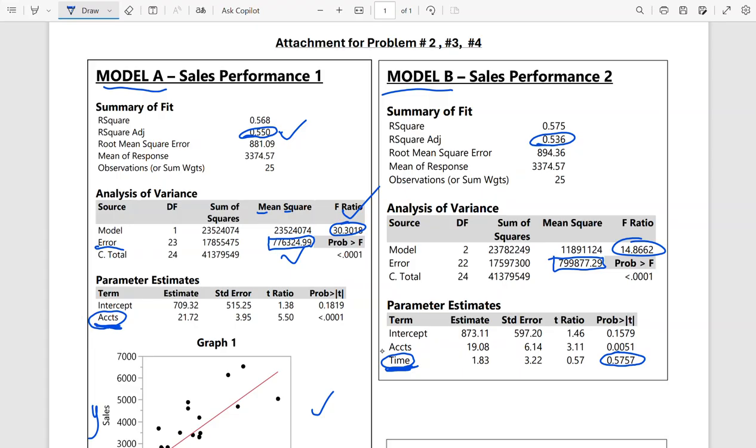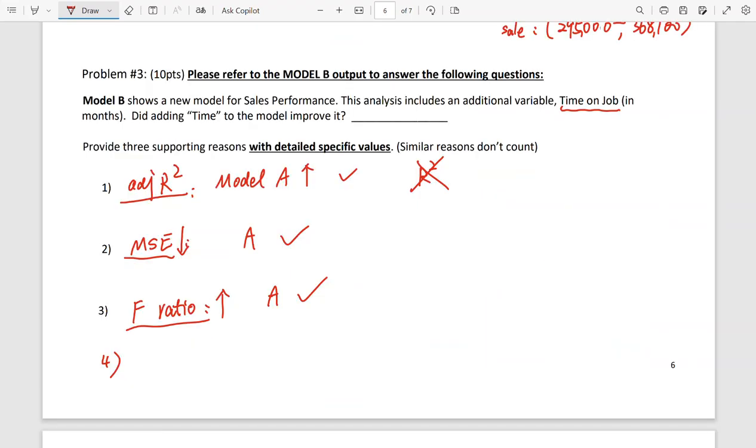We say with accounts already in the regression, adding time doesn't provide actual contribution to the regression. So that's why for this fourth one, the added predictor time is not significant. It is not helpful to the regression.